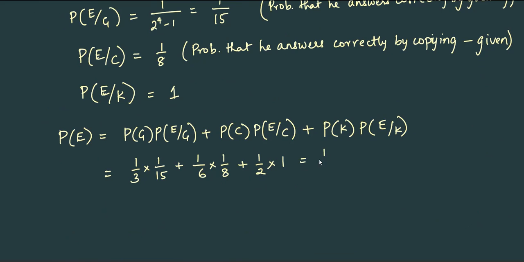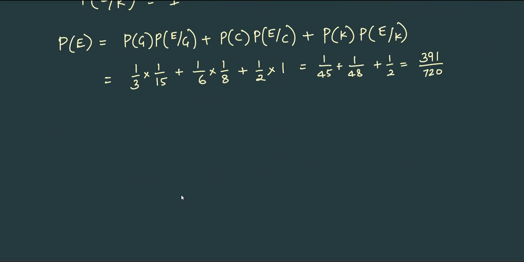So we get 1/45 plus 1/48 plus 1/2. We can make this calculation. The answer here is 391/720. 720 will be the common multiple. You can check that.